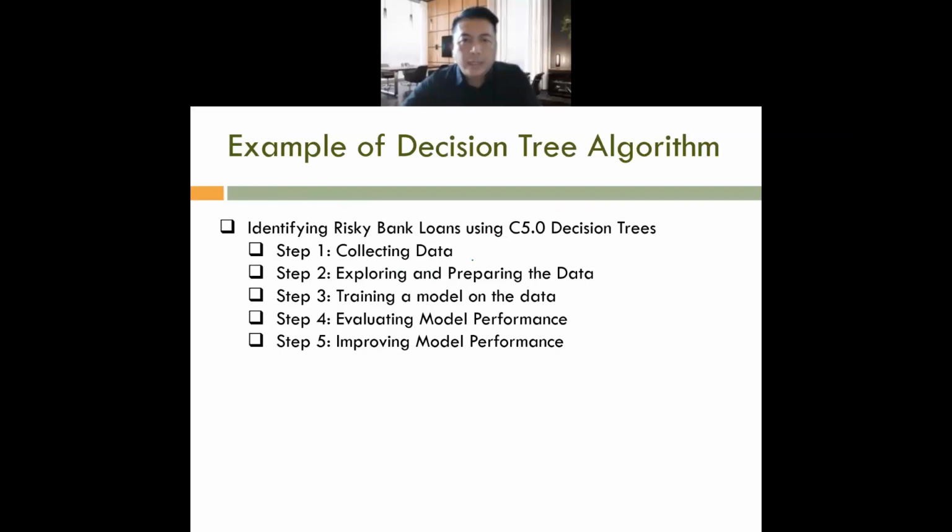So first we collect the data, and then we explore and prepare the data, and then of course in classification we need to divide the data into training and testing data sets. Okay, and then we evaluate the model performance, and from there we learn how to improve the performance of the model by having more trees. They call it random forest. Okay.